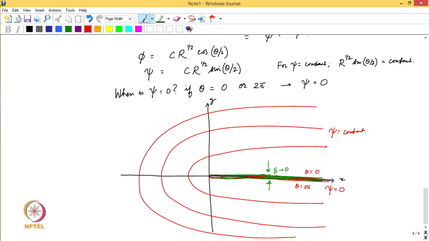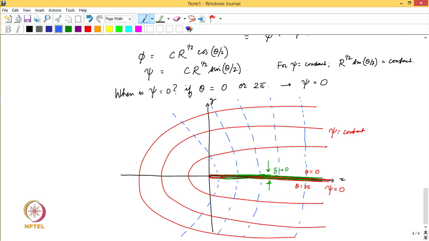All right. If you want to plot now the lines of constant velocity potential, they would look like the following. They would look like this. We can just go a little further, we can also take them on the other side, keeping in mind that they have to be normal to the lines of constant stream function, right.